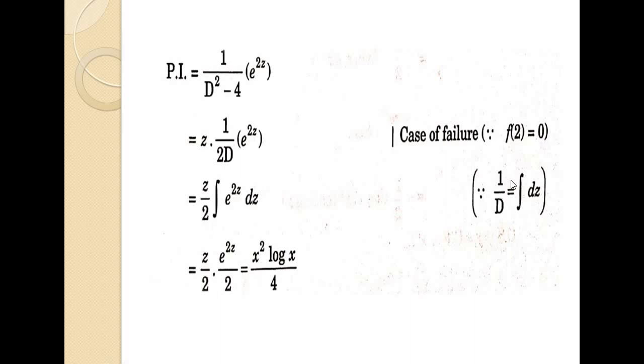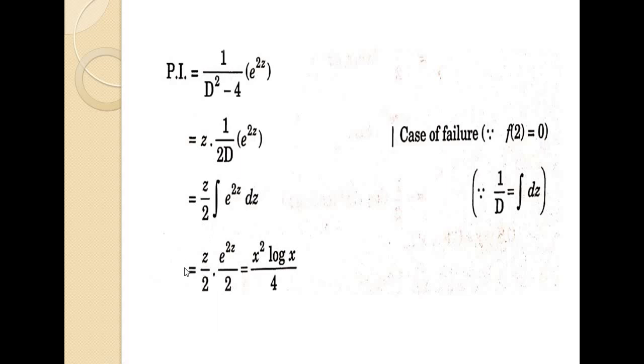So 1 by D operated on a function of z will give you the integral of that function with respect to z. So instead of 1 by D, you write the integral, write this function and integrate it with respect to z, which is equal to z by 2 into the integration of e power 2z, which is e power 2z by 2.